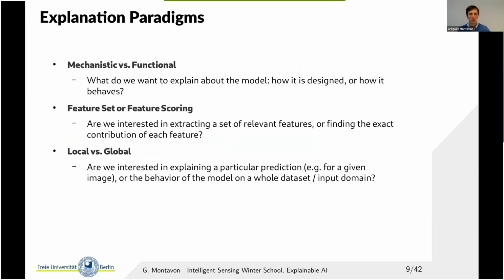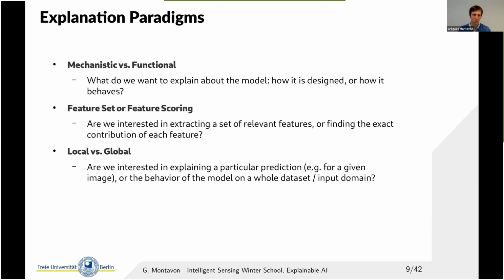But let's look now a little bit more at the different explanation paradigms. You can try to categorize explanations into different types, by what they tell you about the model. A first distinction can be made between mechanistic and functional explanation.